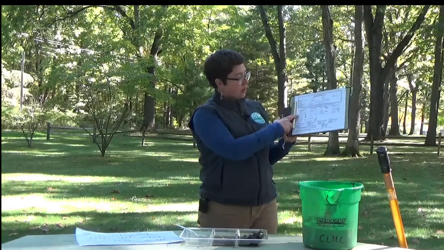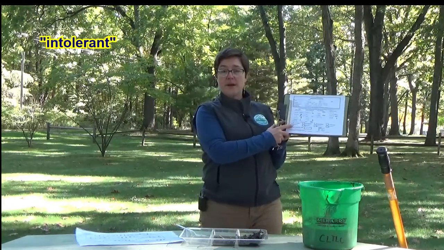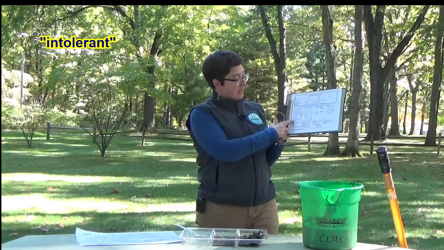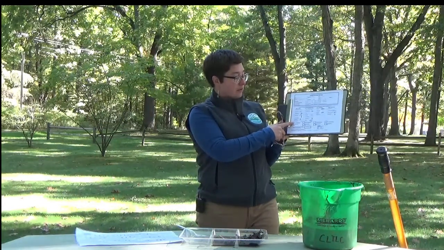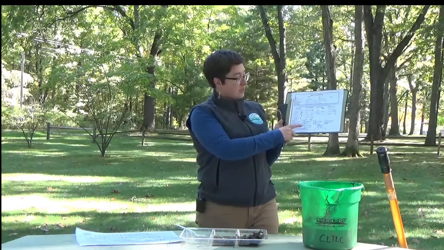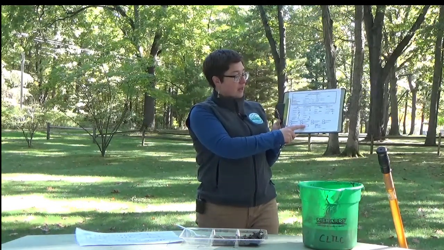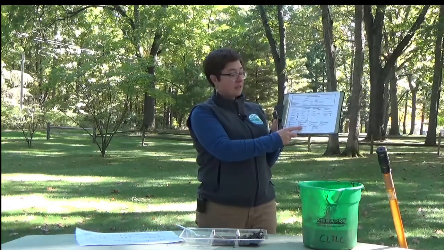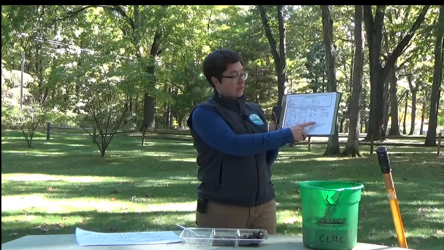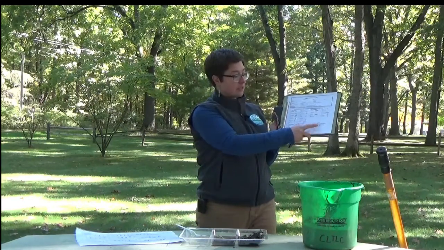So in group 1, which is intolerant, that means that they cannot live in polluted waters. We have a variety of aquatic macroinvertebrates that are in this column. The second group is moderately intolerant, meaning that they can sustain life within a moderate amount of pollution. The third is fairly tolerant, and the fourth is very tolerant.